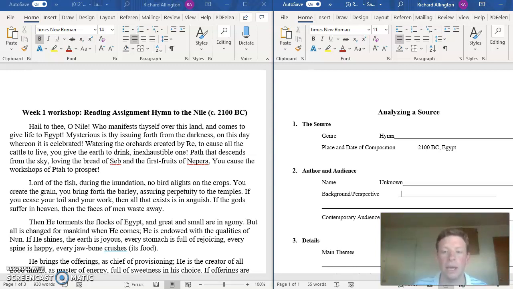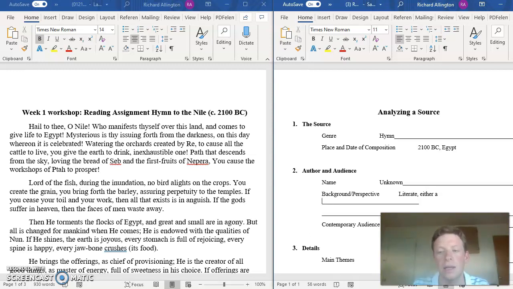So here, the background of the author is, if we look through this, someone who is literate and either a religious leader or possibly a political leader.